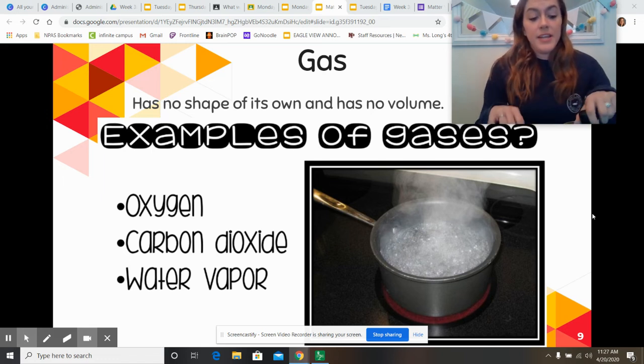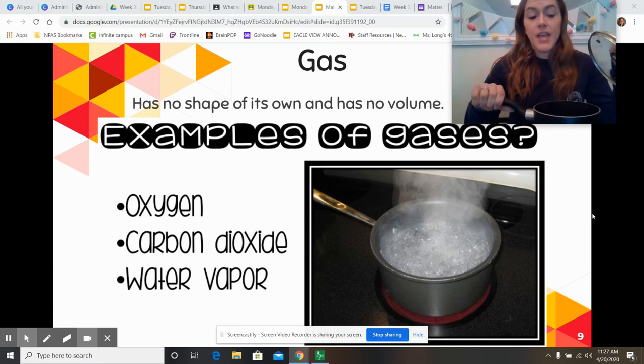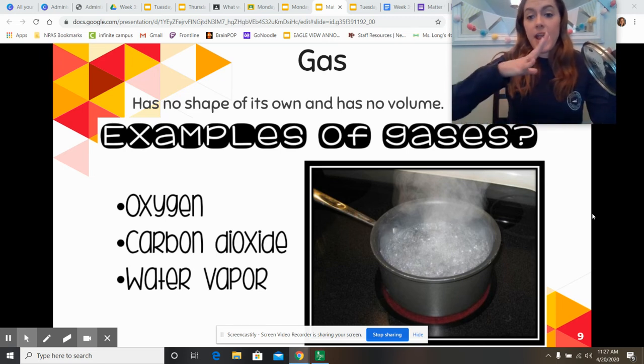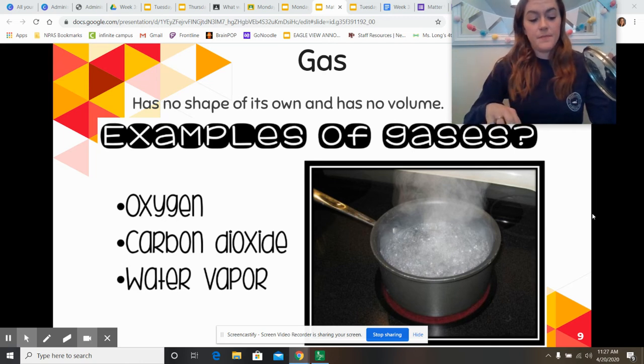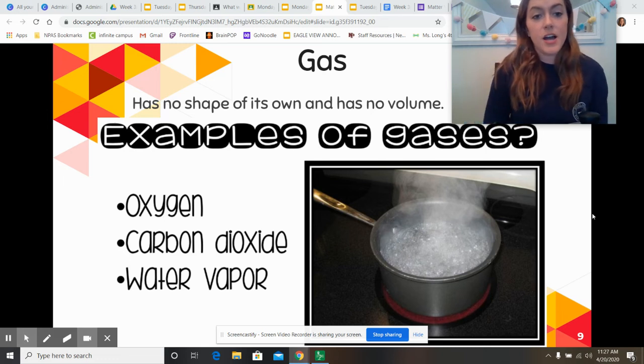Right away when gas is released, it spreads out and all the particles are spread out. Some examples of gas are oxygen, carbon dioxide, and water vapor. It's important to know that gas has no shape of its own, and it also has no volume.